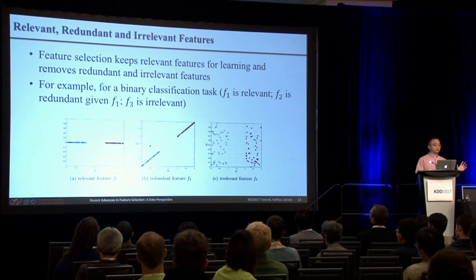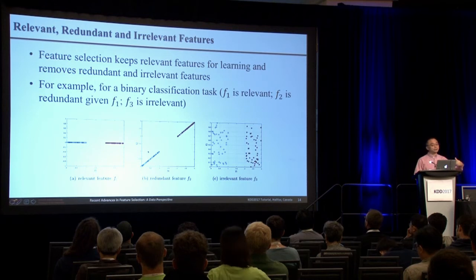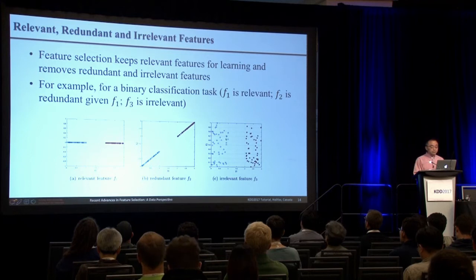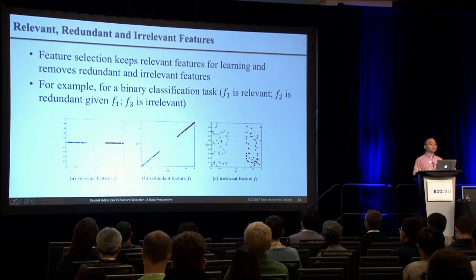We don't need both, because the other feature does not introduce anything that F1 cannot solve. Then for irrelevant features, we have F3. F3 here is irrelevant. It does not help your task. So this is a relevant feature, a redundant feature, and an irrelevant feature.